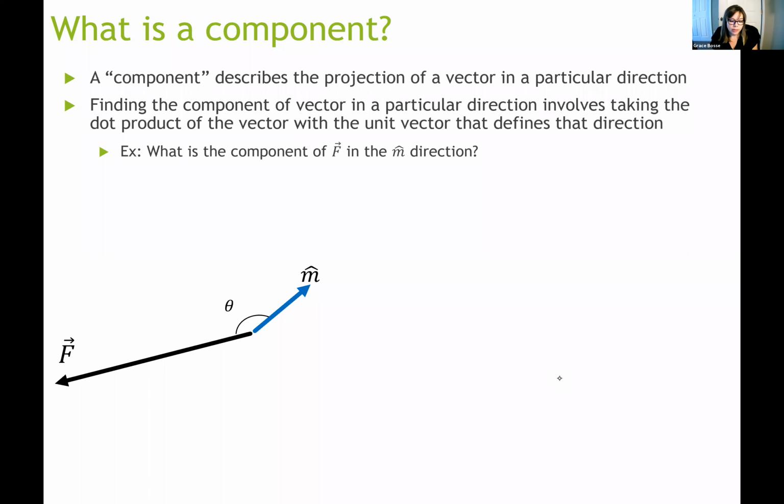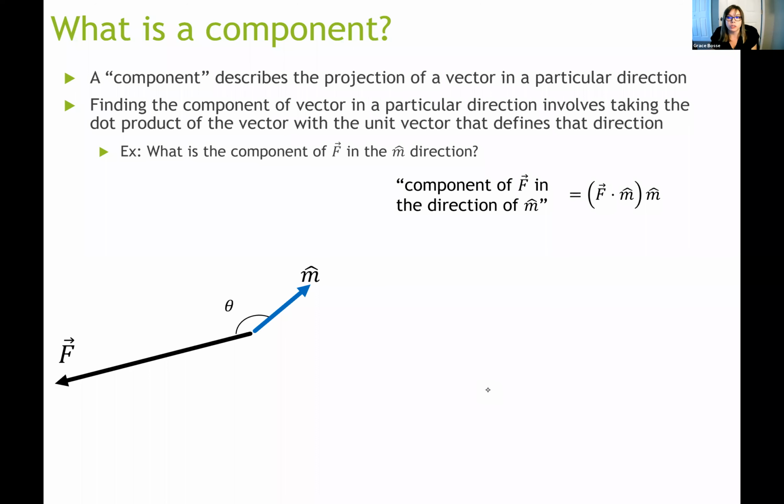What you need to do in order to find the component of f in the direction of m hat is take the dot product between vector f and the unit vector m hat. And then you multiply your result by the direction that's defined by m hat.